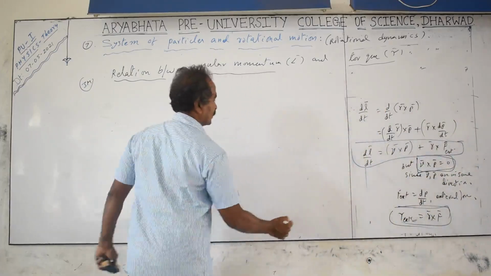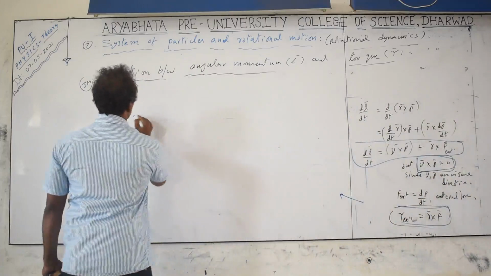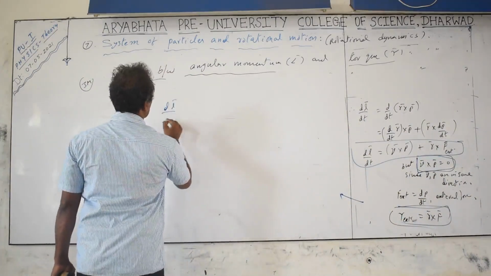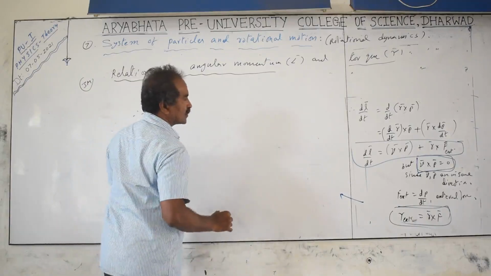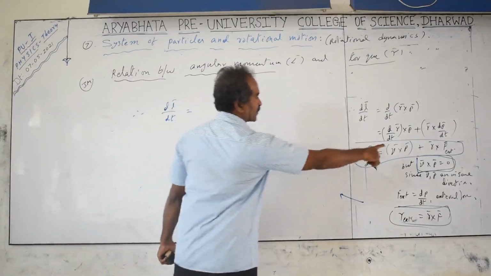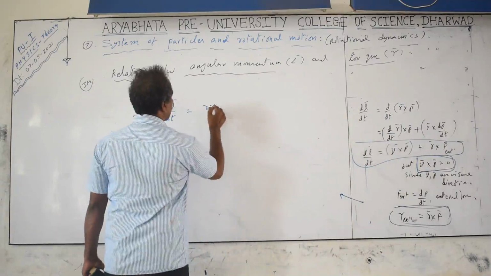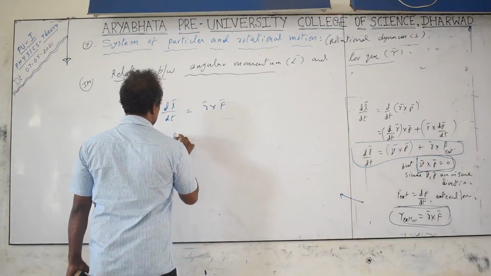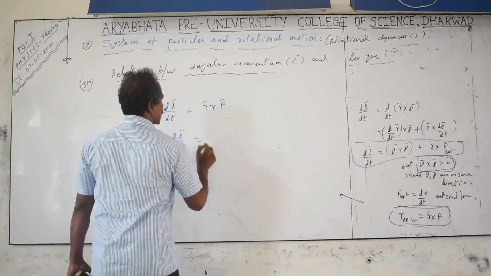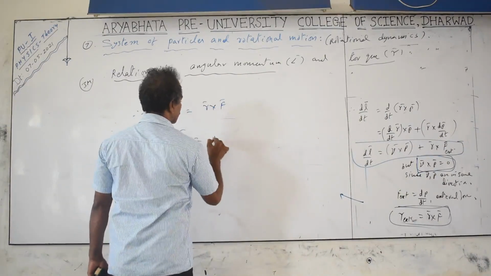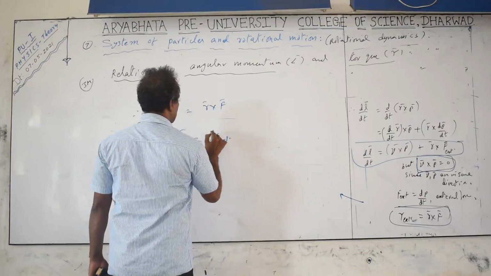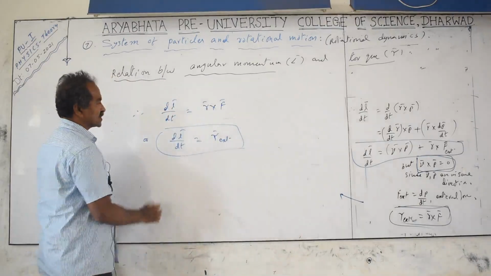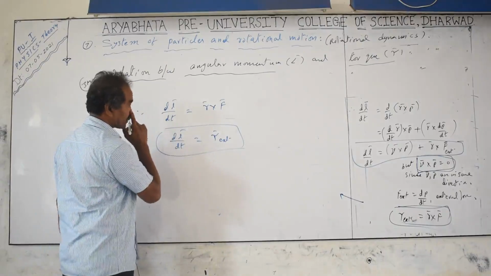Therefore dL by dt is equal to v cross p, which is 0. So left out is only r cross F, or you can write dL by dt is equal to r cross F, which is nothing but equal to external torque. The external torque can be written as equal to the rate of change of angular momentum with time.